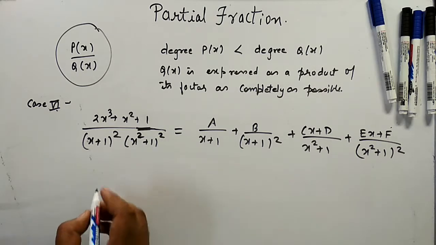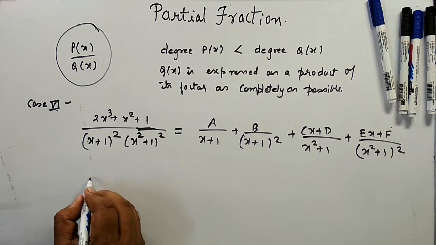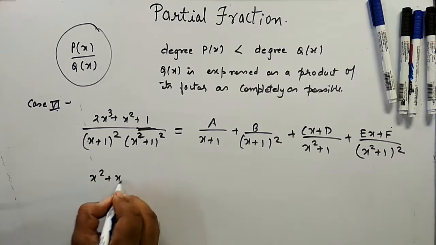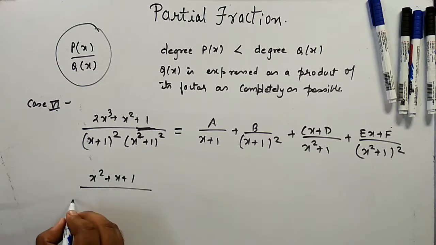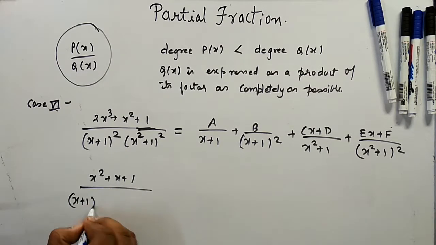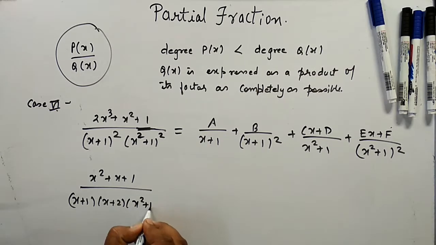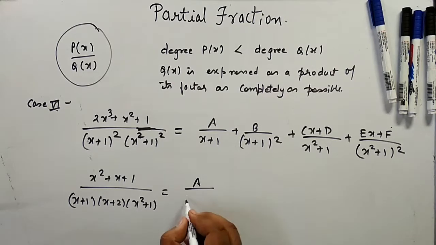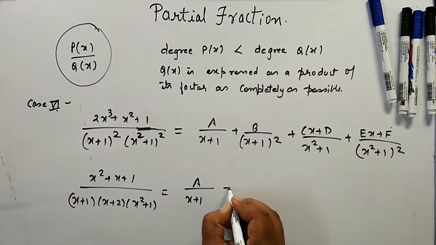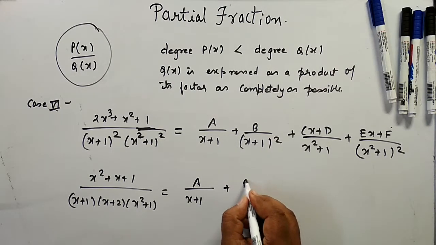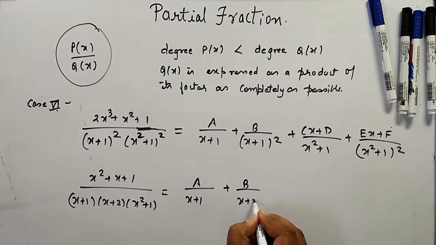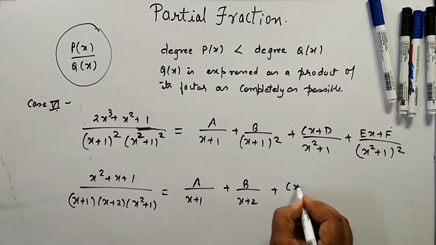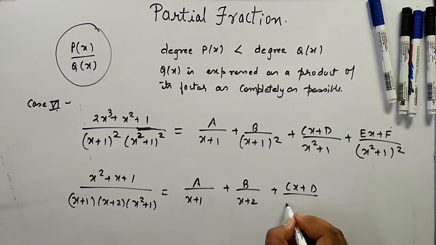Or it can have a form like this: x square plus x plus 1 upon x plus 1 into x plus 2 into x square plus 1. So the partial fraction form of this would be equal to a by x plus 1 plus b by x plus 2 plus cx plus d by x square plus 1.